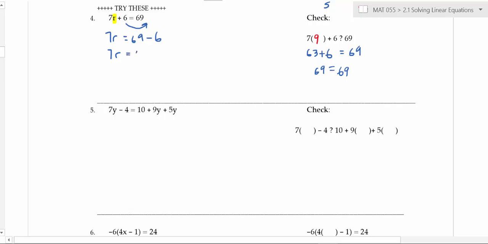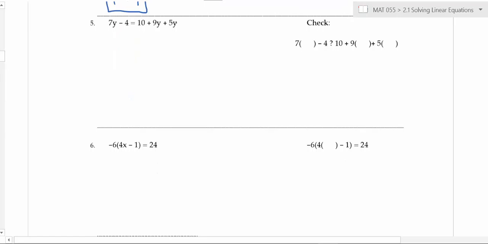You have 7r equals 63. Then you can divide both sides by 7. That's 1r. So you can write it like that. You don't have to write all the steps I'm writing. I'm trying to be very cautious on this section to show you precisely mathematically what's happening, because a lot of times students have never made those connections.